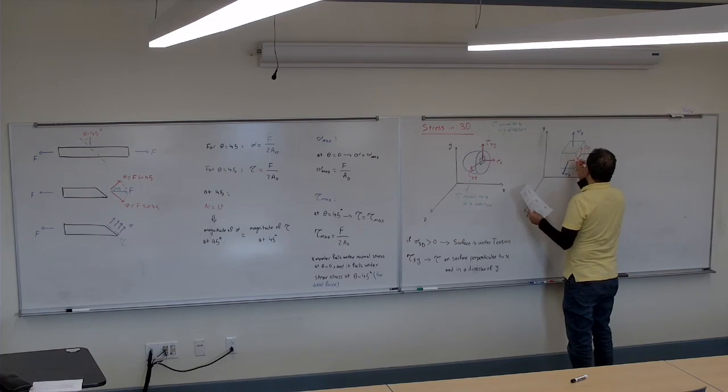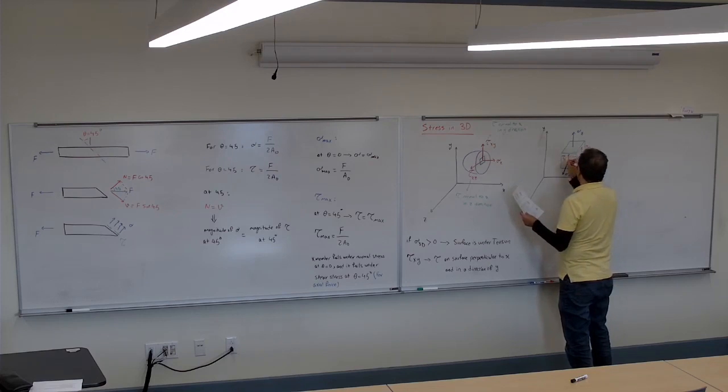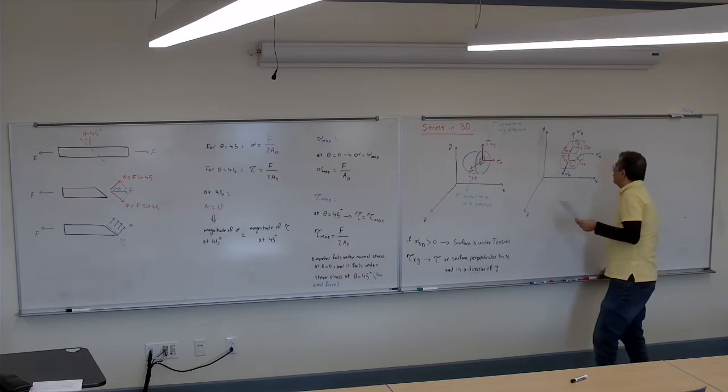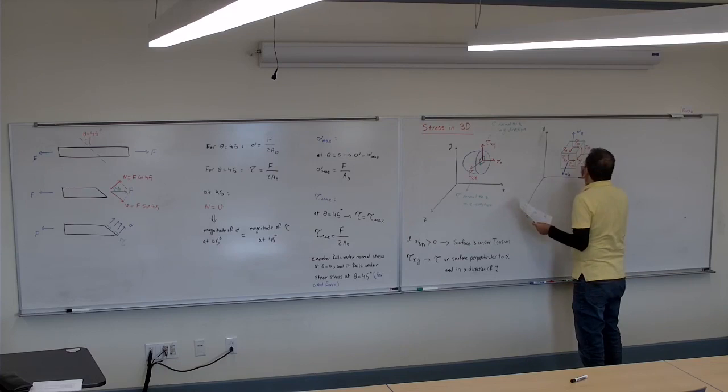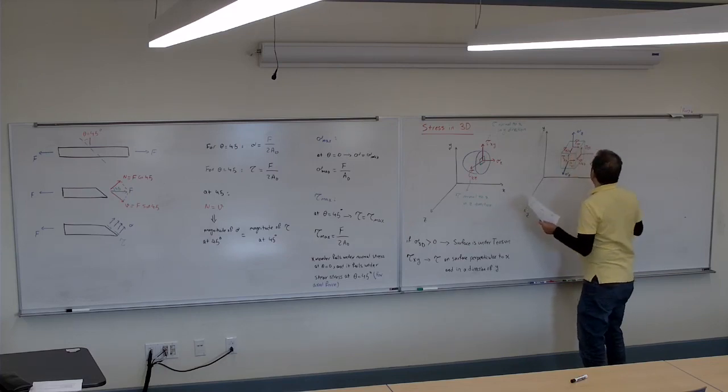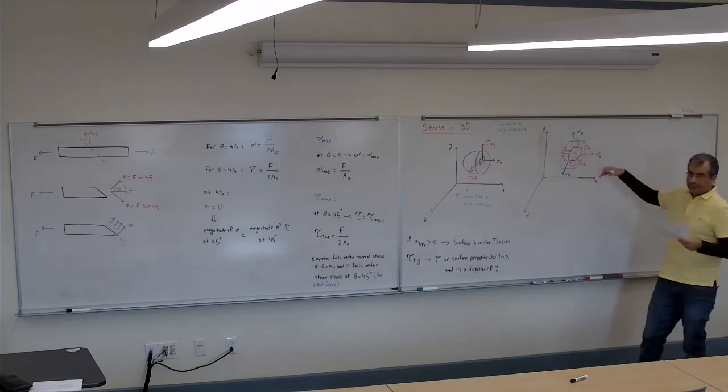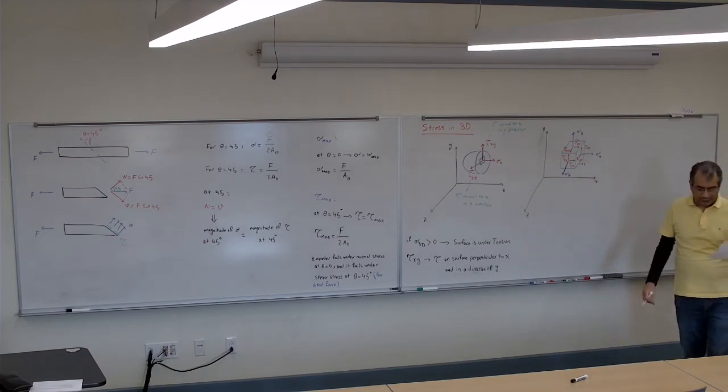Tau zx, tau zy, and then on the top surface tau yz, and I have the exact same on the opposite surface. So the same thing will be on the opposite surface.